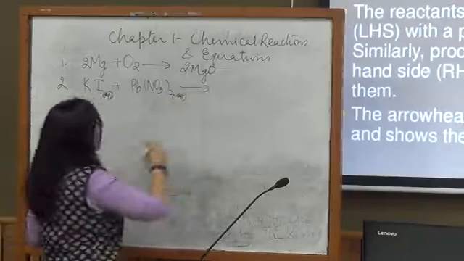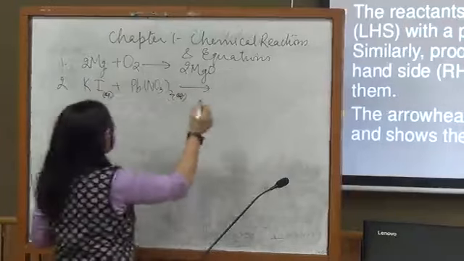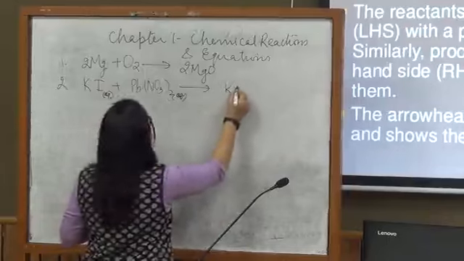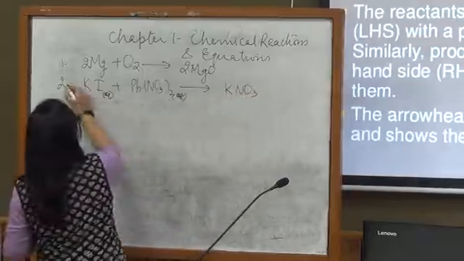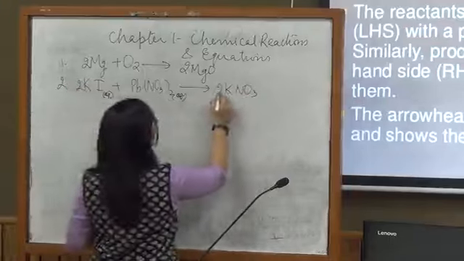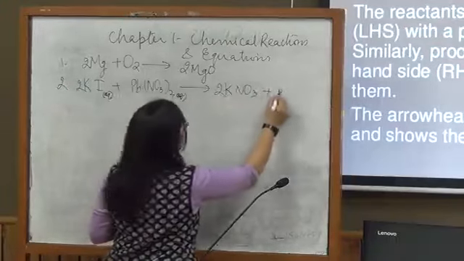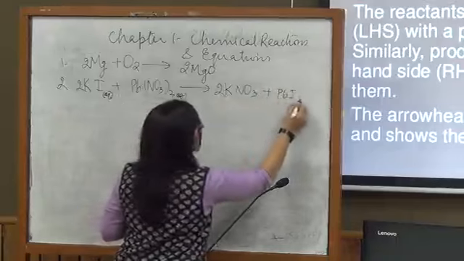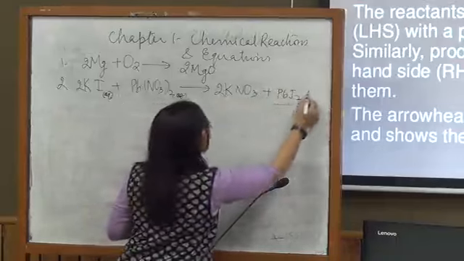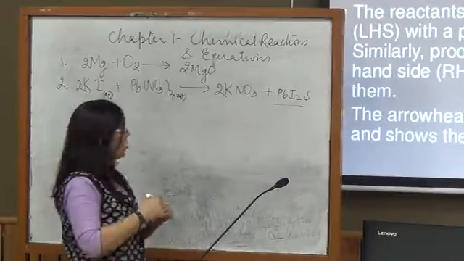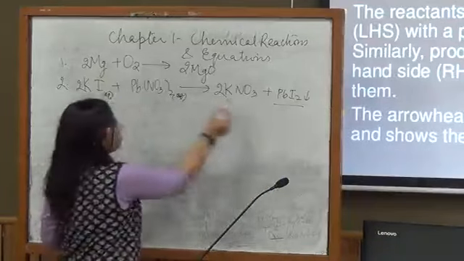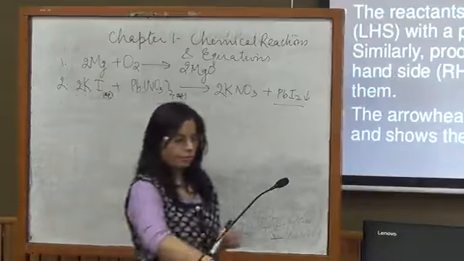As a result there is a formation of potassium nitrate and lead iodide, and this yellow precipitate that you observe is lead iodide. So these are the reactants and these are the products.